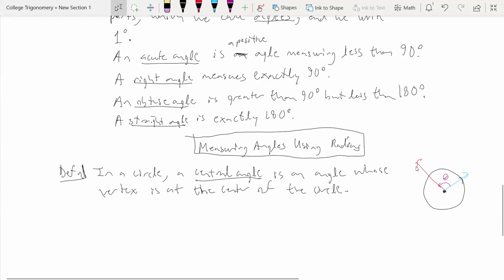Okay. Now, an arc is a small connected portion of the boundary of the circle. Just the boundary, though, not the interior.